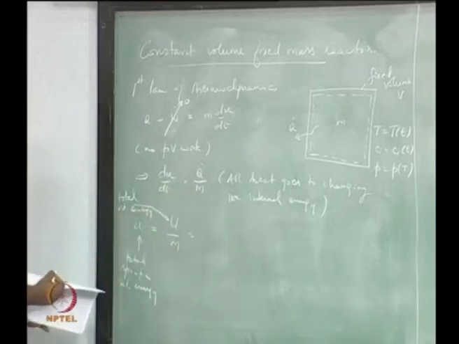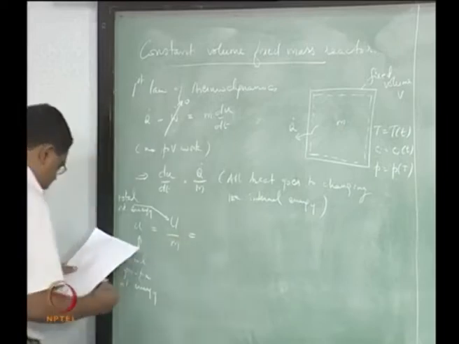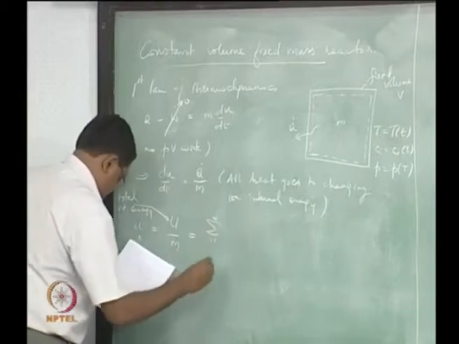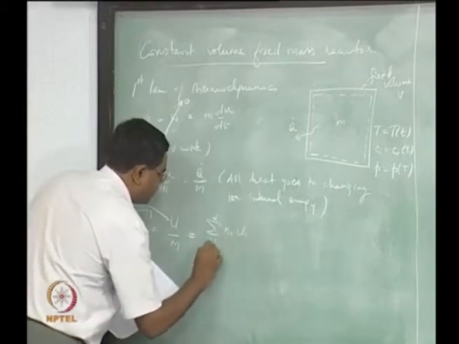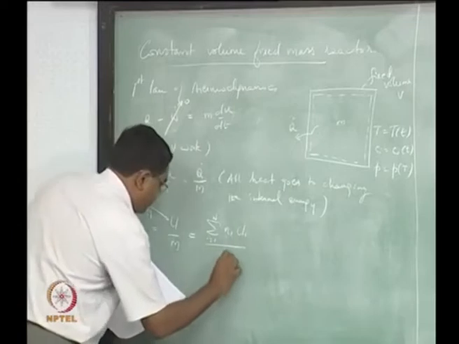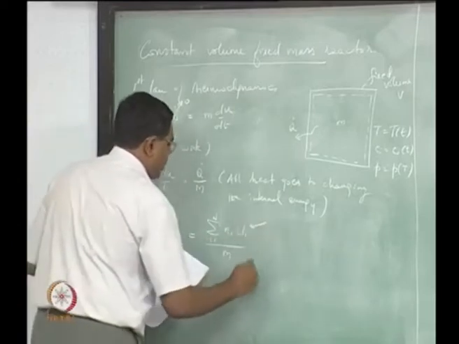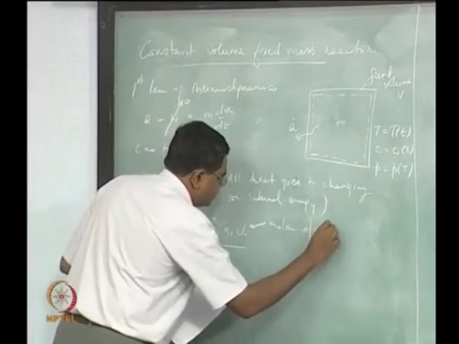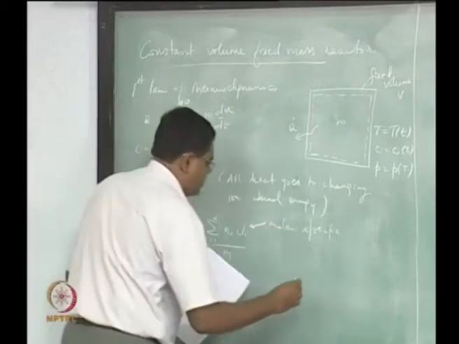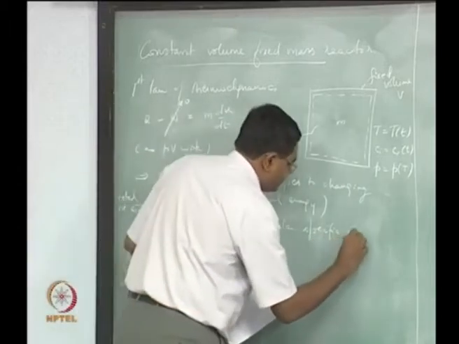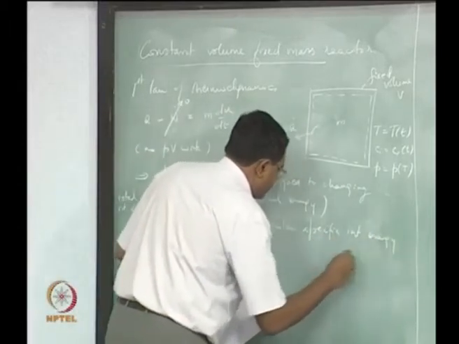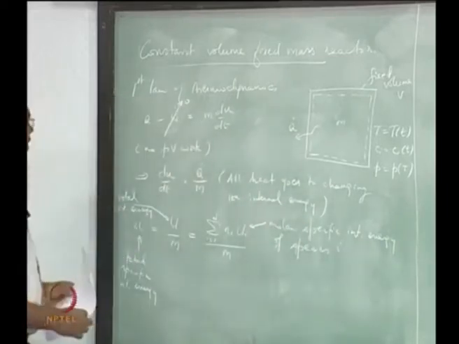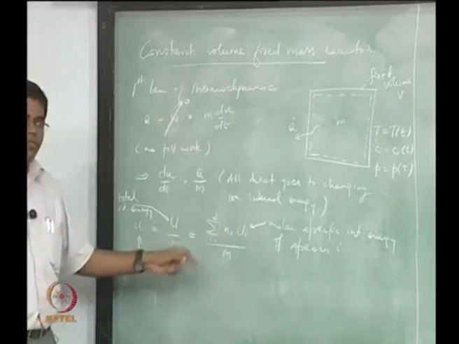Here instead of that we are looking at internal energy. So this is sigma i equals 1 to n Ni capital Ui divided by m. Now capital Ui is the molar specific internal energy of species i. Ni of course continues to be the number of moles of species i.